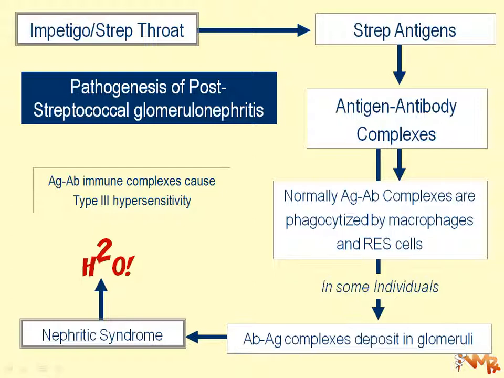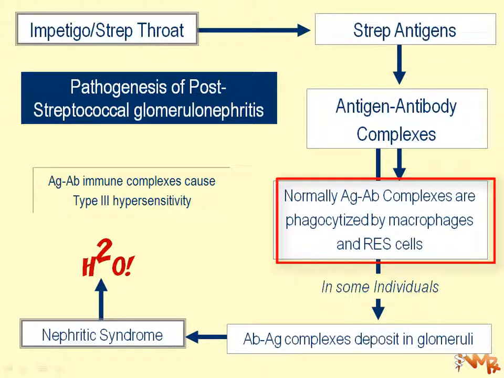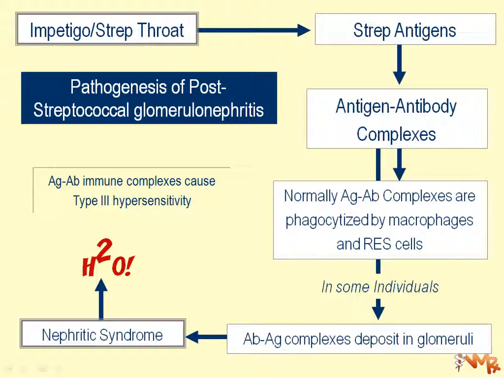Again, I'm drilling you. You may see this diagram in renal pathology book. Children may get impetigo or they may get strep throat. As a result of infection with Streptococcus pyogenes, we expect the strep antigens to be present in the blood of these patients. Our bodies produce antibodies against those antigens, and now antibody and antigens, they make complexes. Normally, these complexes are phagocytized by reticuloendothelial cells.